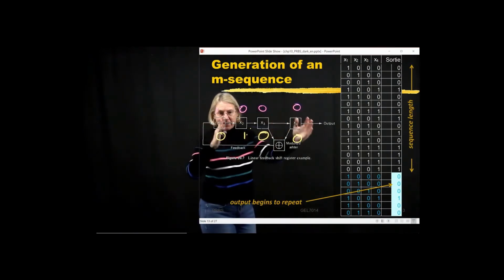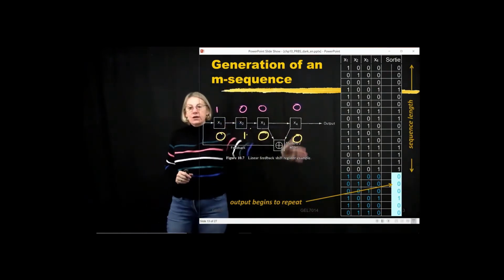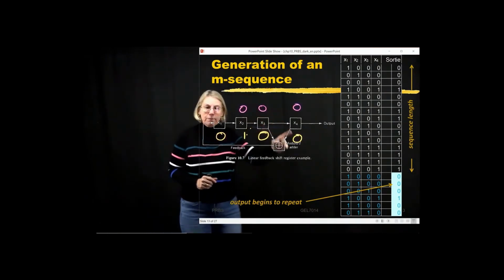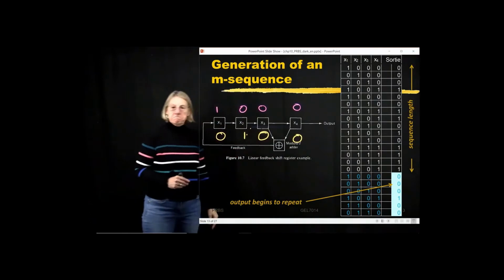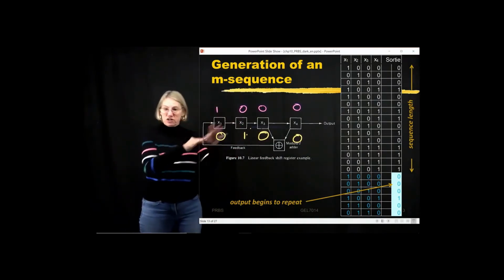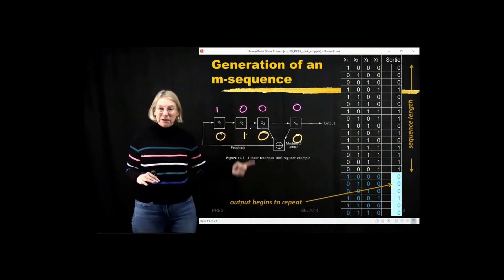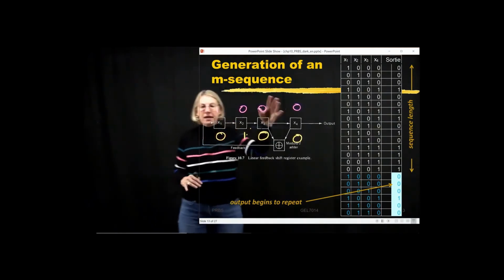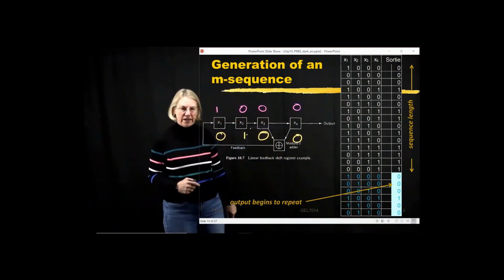If I start with 4 registers, how long a sequence can I get? In this case, it didn't start repeating until I got all the way down to the initial state. You can look at some other shift register combinations, and it might start repeating at a much shorter length. So this mapping was chosen because it generates one of the maximal length ones.